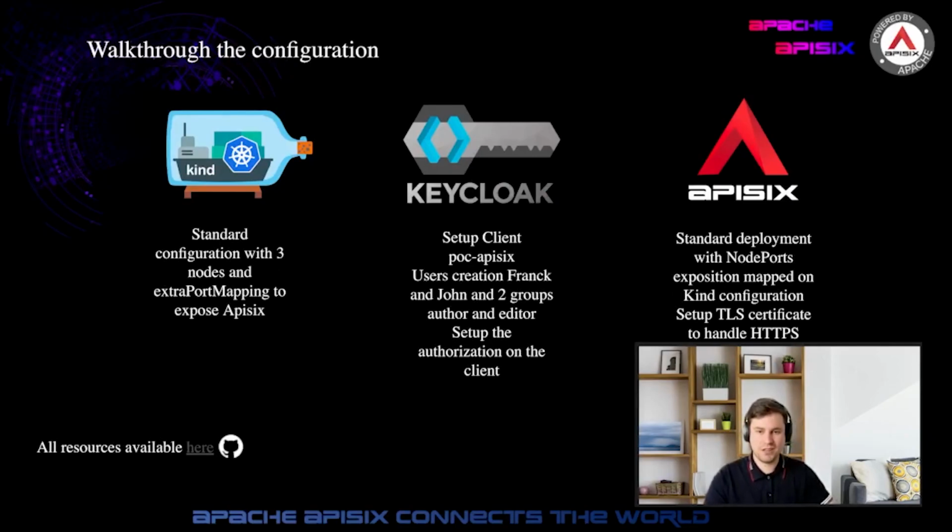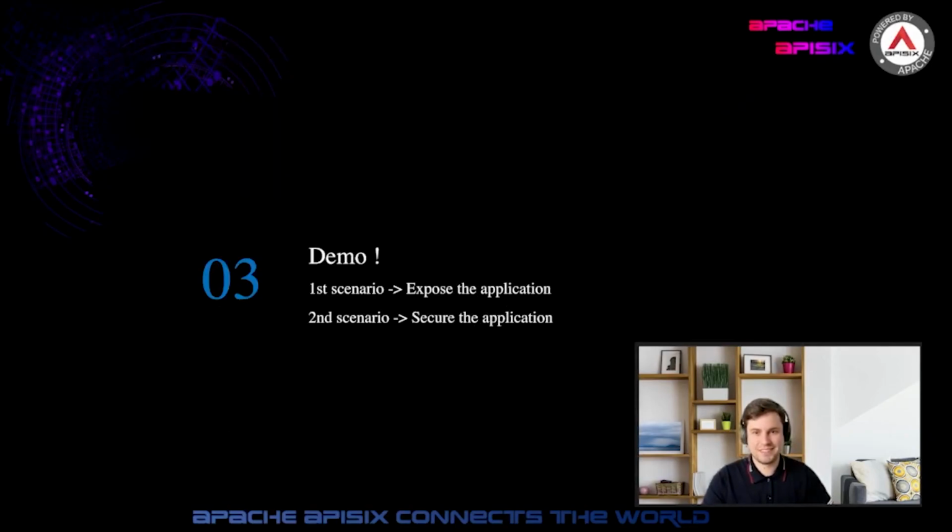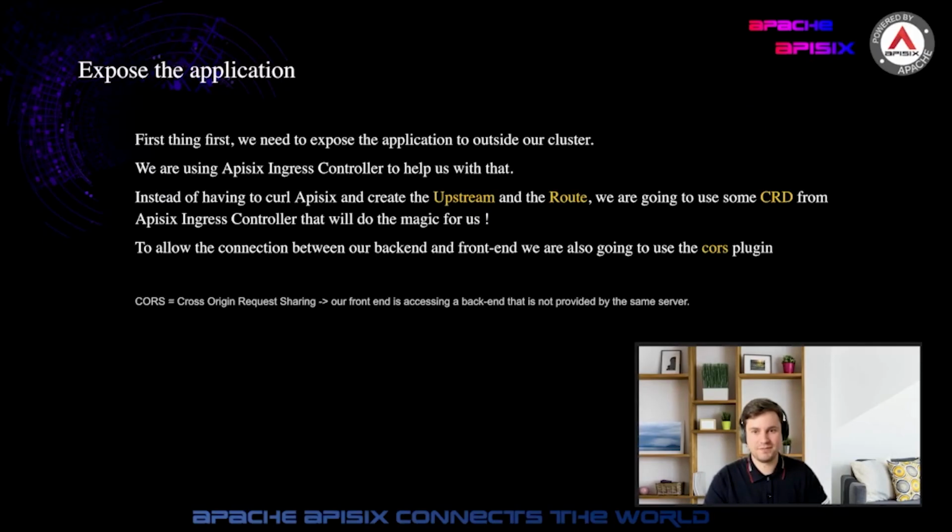Okay, so now, well, I think it's time for the demo. Okay, so the first scenario, we are going to simply expose our application for now. So, like I said, instead of having to curl Apache APISIX to create the upstream and route, I prefer to use some custom resource definition to have everything declared at Kubernetes level and let the APISIX ingress controller do the magic for me.